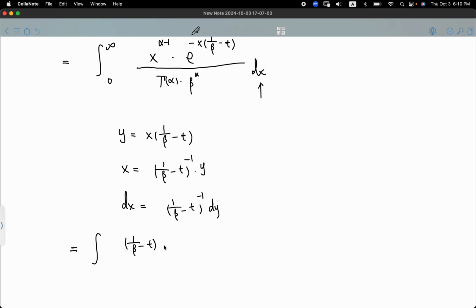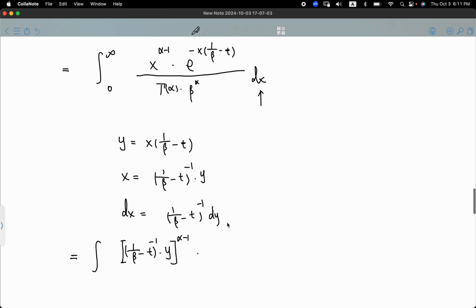Okay, so maybe let me write it in this way. So I use the y. Okay, maybe I'm not going to jump too much. So all I did here is just to replace the x by bringing this inside the x. And then alpha minus 1, and then for the exponential, we have e raised to the power of negative y.